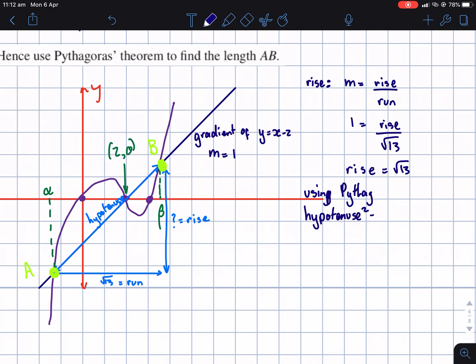Well, that squared equals root 13 squared plus root 13 squared. So the distance AB equals the square root of this answer, which is the square root of 26. That's question 6 for us.